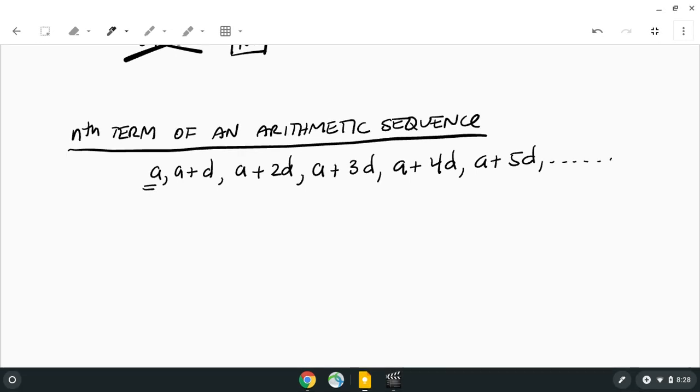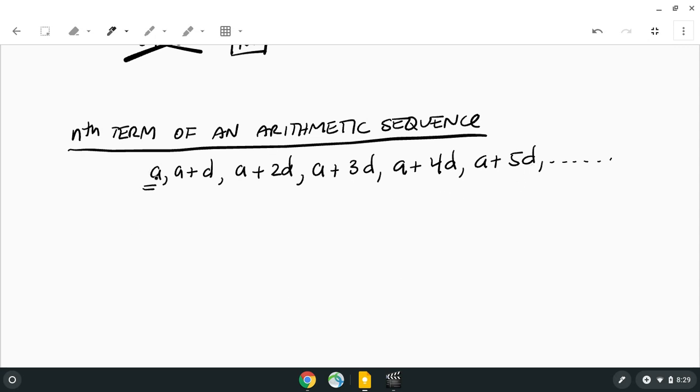Because to get from here to here, that means you have to add D and you'll get here. You'll add D again and you'll get here. And you'll add D and you'll get here. And you add D again and you'll get here. And you'll add D to get here. That means you added D 1, 2, 3, 4, 5 times just to get to here.